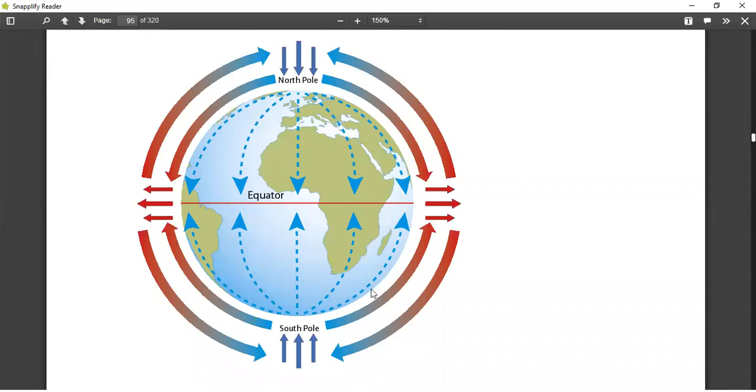The same thing happens with the South Pole. The air moves out as warm air, goes down, pushes in as cold air because it's dense, it can't rise, goes closer to the surface, and then it moves up to the equator where it picks up heat, and then it is pushed out either going north or south.